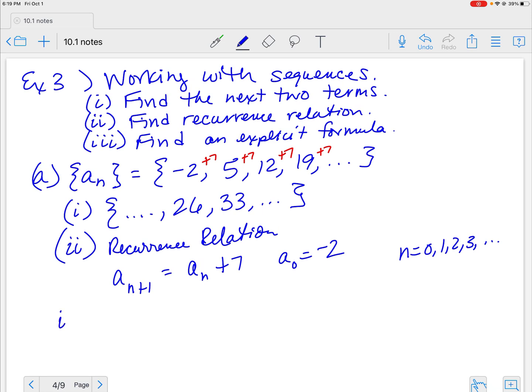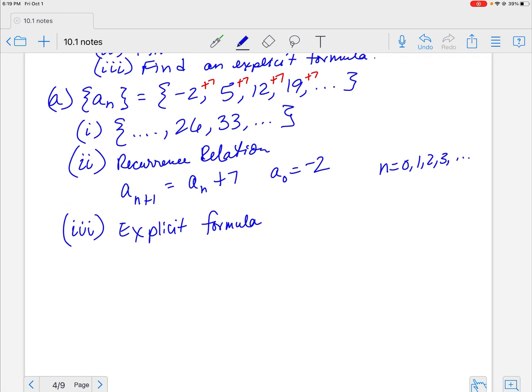So here's what we're doing now. I have A sub n. I'm going to write explicit formula here, just so you can see the difference. Now you tell me, what does it mean to have repeated addition? Yes, multiplication. Multiplication is repeated addition.